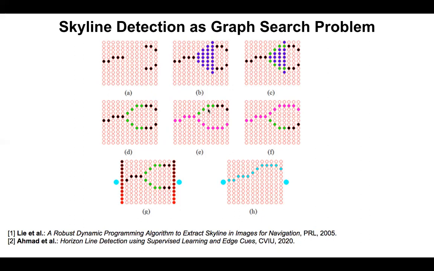After filling these gaps, we apply dynamic programming and find the shortest path from node S to node T, the start and target. This path corresponds to the skyline.